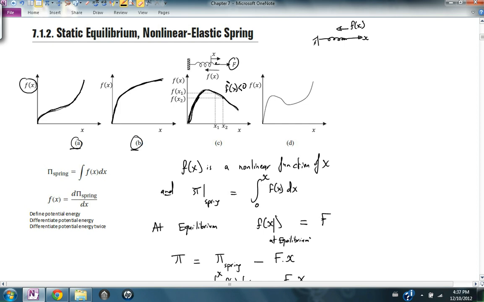And again, here, this is a stable part of the curve, this is an unstable part of the curve, and this is a stable part of the curve. So this area is an instability, or potential energy is maximum at equilibrium because the slope of the curve is negative.